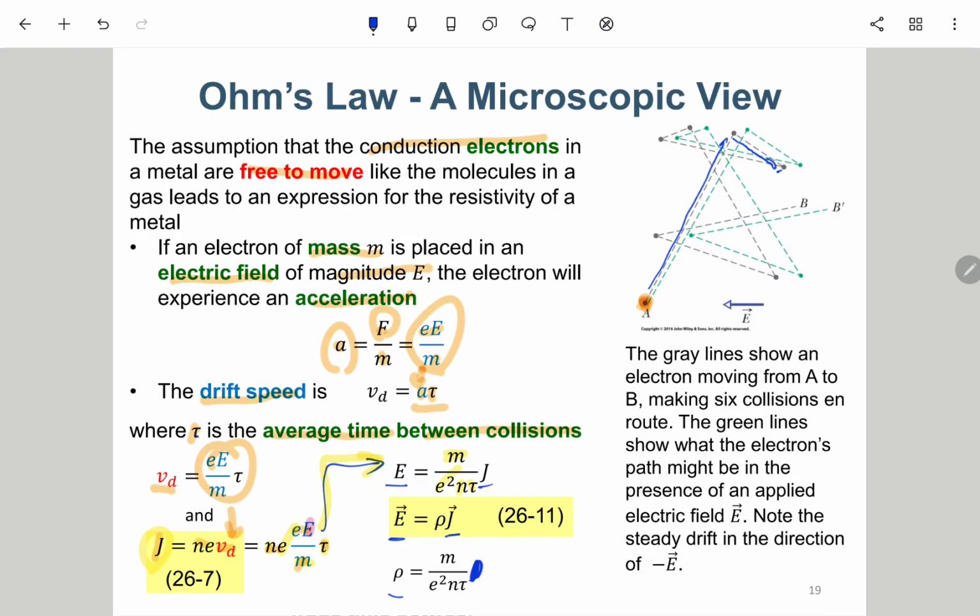The tau should also be related to the material itself, because a specific material has a specific structure, the distance between atoms, so tau would only be related to the material, but constant for the same material.